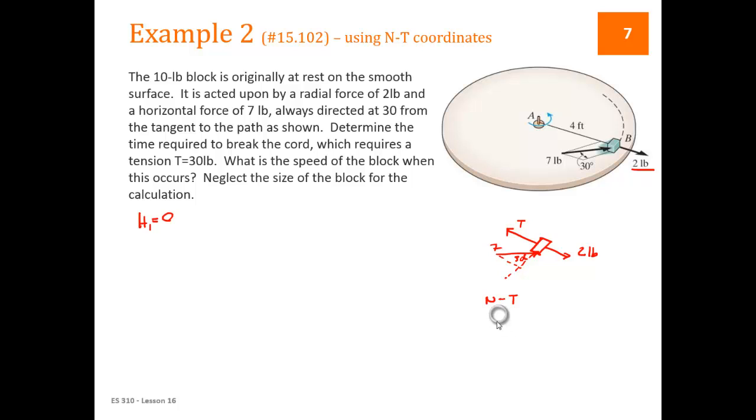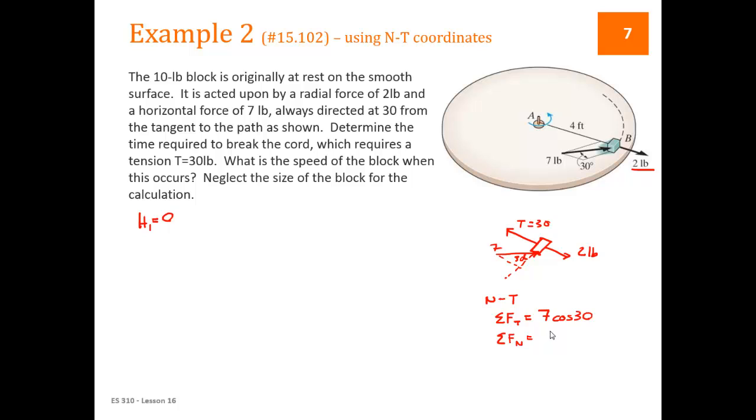So the sum of forces in the tangential direction, there's just one, right? There's the 7 times the cosine of 30 in the tangential direction. In the normal direction, we have the tension, which we say will break at 30, so the point we're interested in is when T gets to 30.